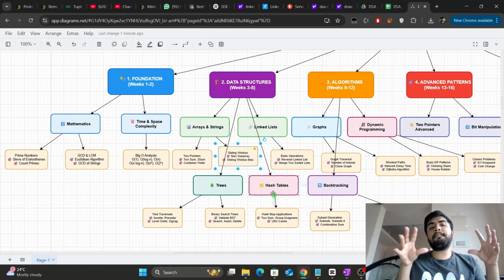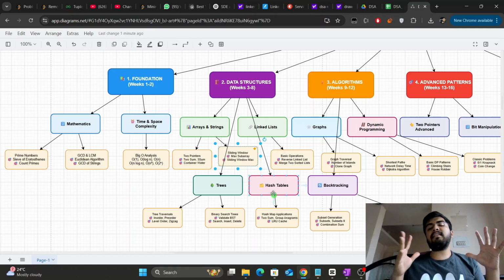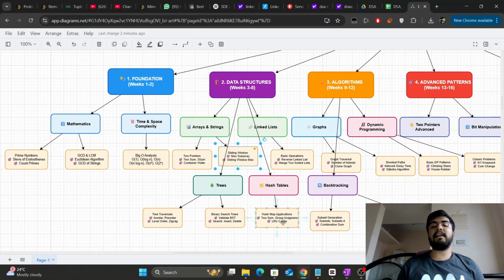So there are no predefined questions on hash tables, but we are going to cover it in other topics, because there we need a data structure that can store key-value pairs. As best as I can recall, these are the very common problems where we must need a hash table for sure: 2 sum, group anagrams, LRU cache. These are the few topics that I remembered, and we will go through them also. So that is hash tables.